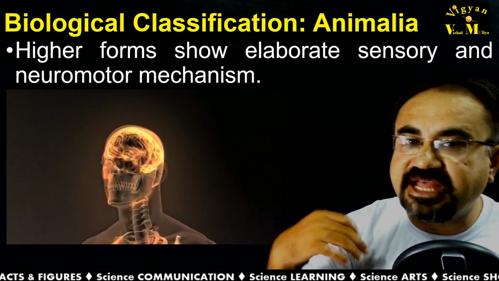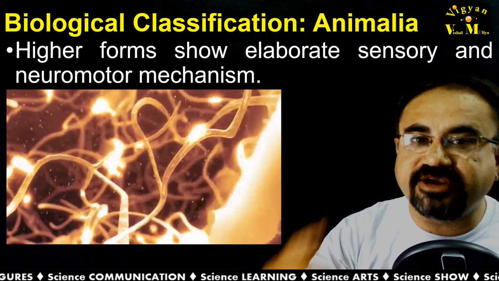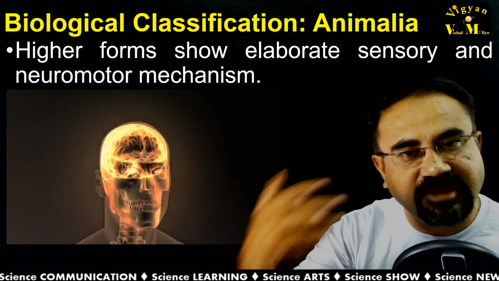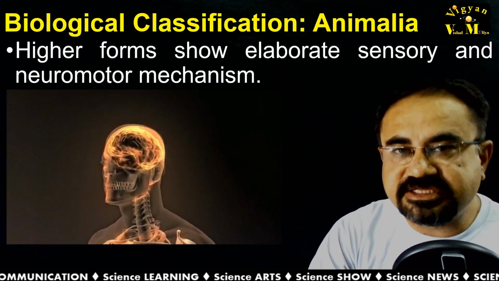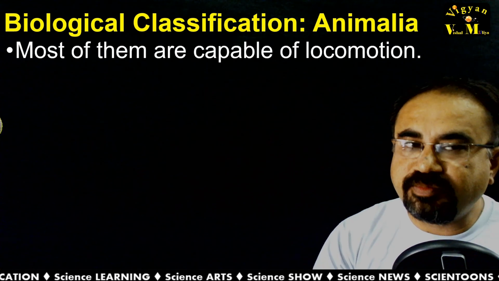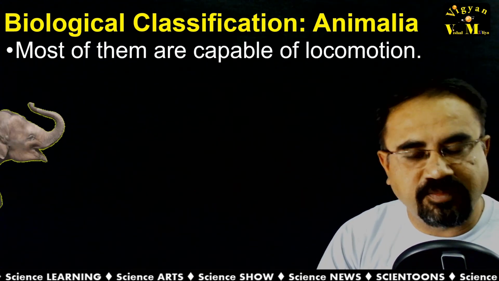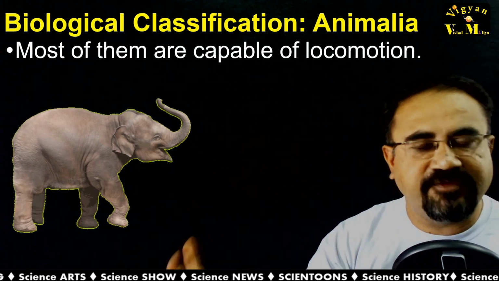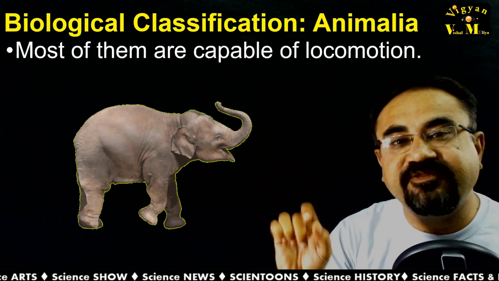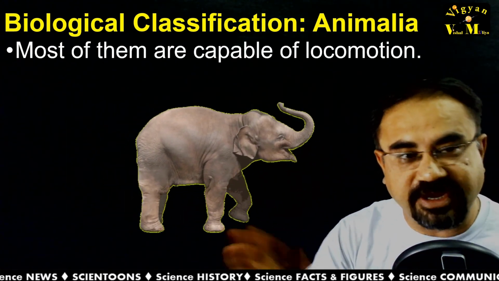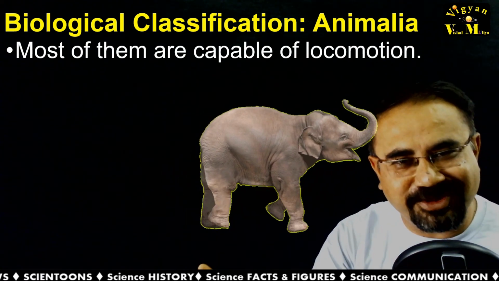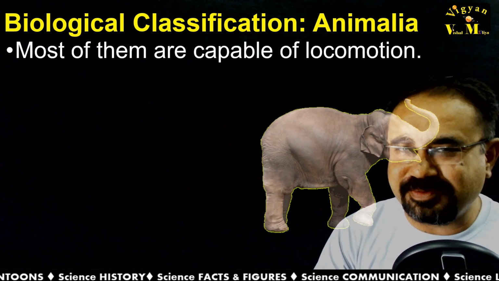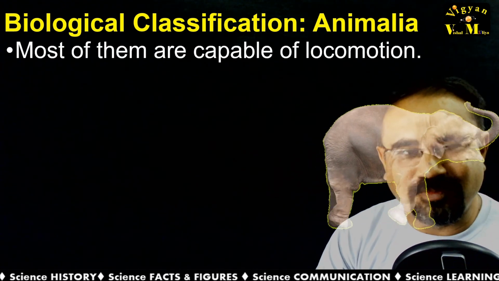So they sense and they react, or they give a response to sensory stimuli. Most of them are capable of movement, they are capable of locomotion, they move very well. And animal means the one which is animate, they do movement, and we know very well we are doing movement and we are capable of locomotion and movement.